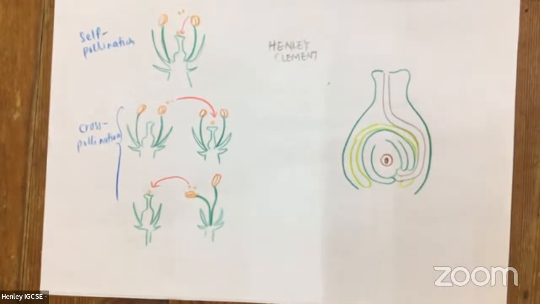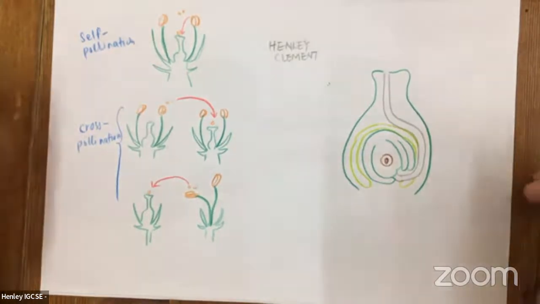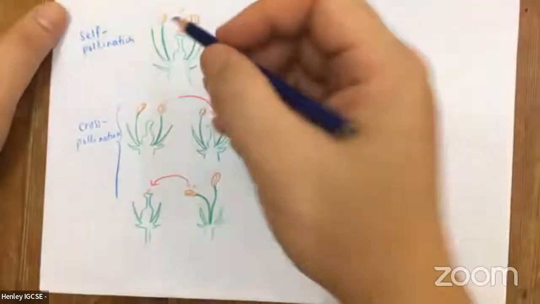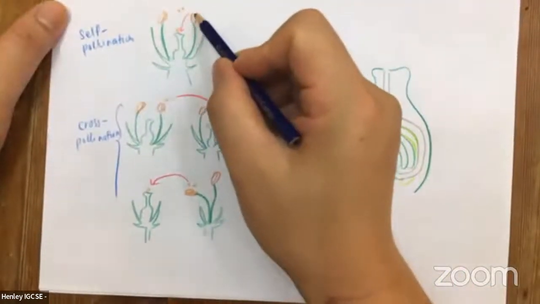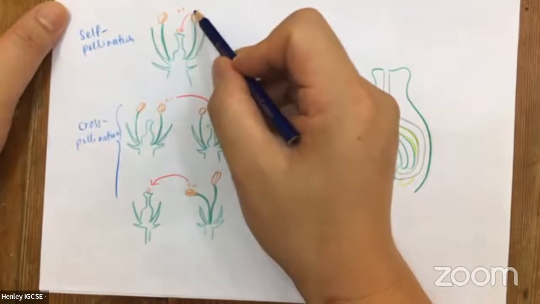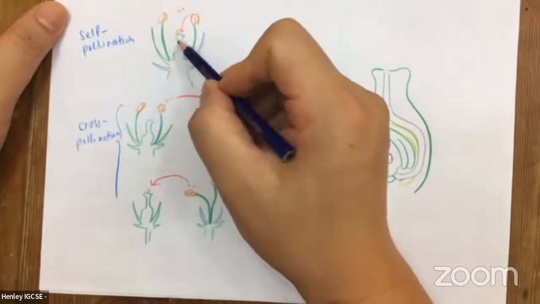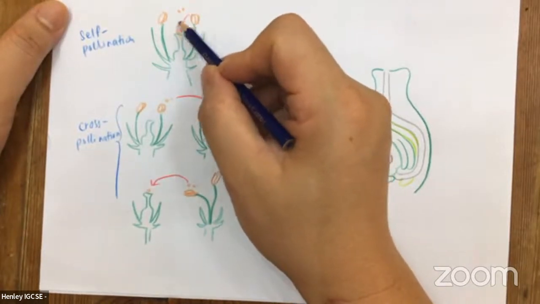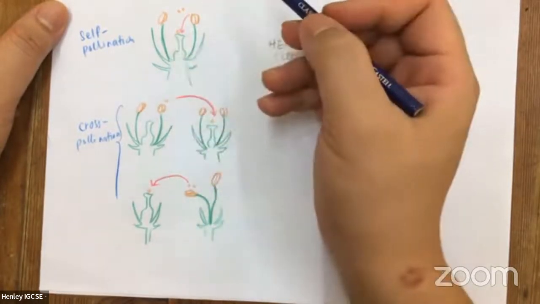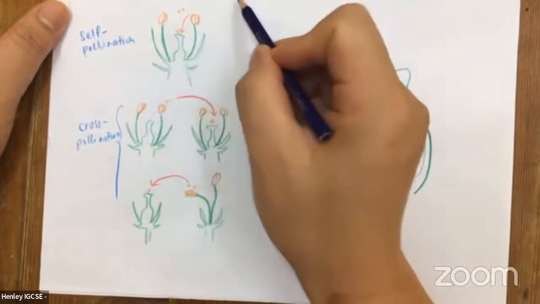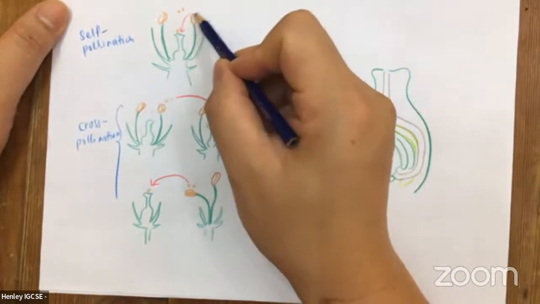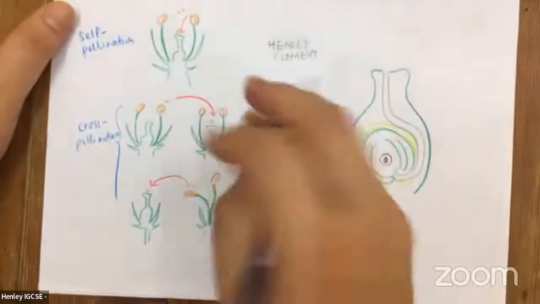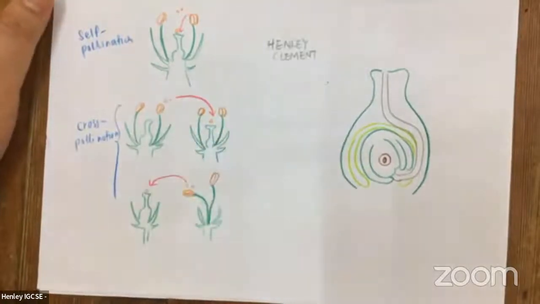However, there are some ways to prevent self-pollination. Sometimes the pollen in the anther is already matured, but the ovary and stigma are not yet developed. That means even though the pollen comes here, this is not developed. Another case is that the stigma is developed to accept pollen from other plants, but the anther is still not developed. Then it becomes cross-pollination.